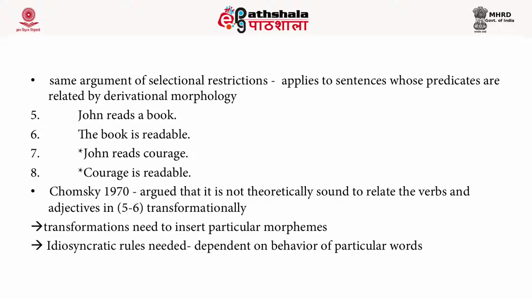Chomsky 1970 argued that it is not theoretically sound to relate the verbs and adjectives in 5 to 6 transformationally. He said that these transformations needed to have insertion of particular morphemes. Idiosyncratic rules were needed for such transformations, and these rules were dependent on the behavior of the particular words that we were dealing with.